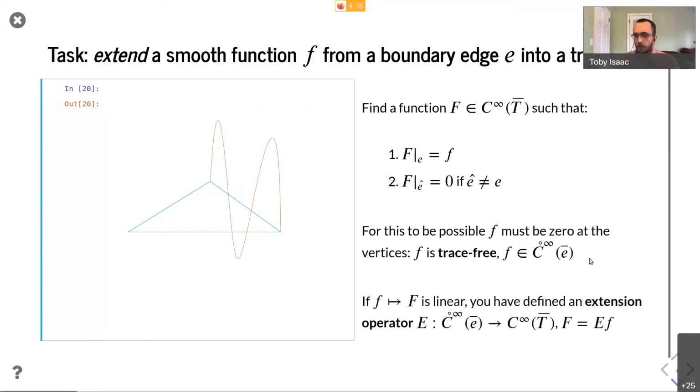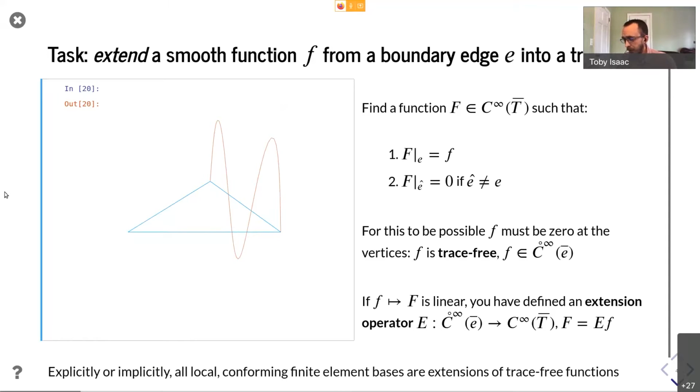And if whatever method I choose to define uppercase F from lowercase f is a linear operator, then what I've got is an extension operator that can take anything from the trace-free functions on the edge and define a function in the interior of the triangle. And either explicitly or implicitly, all local conforming finite elements are extensions of trace-free functions.